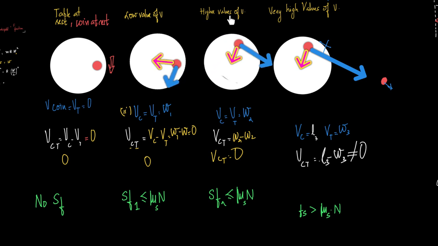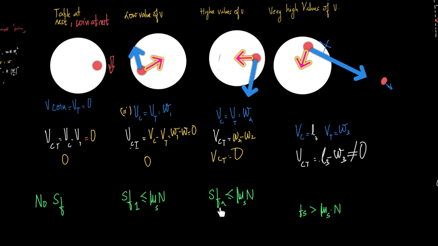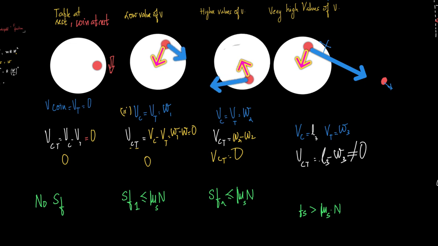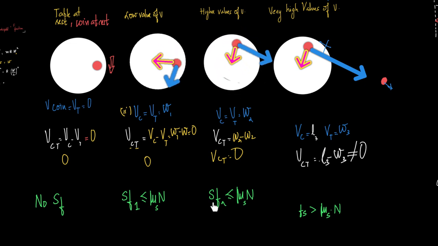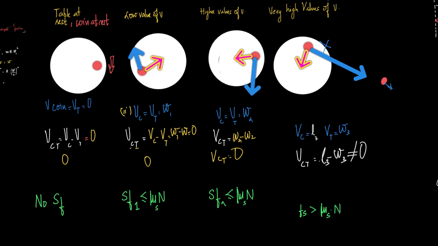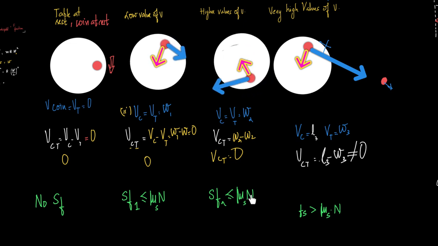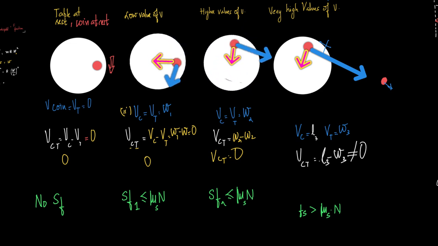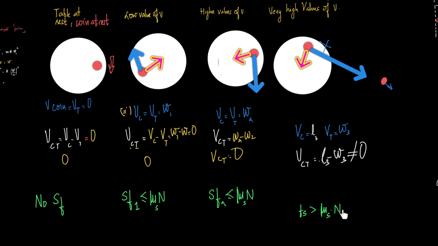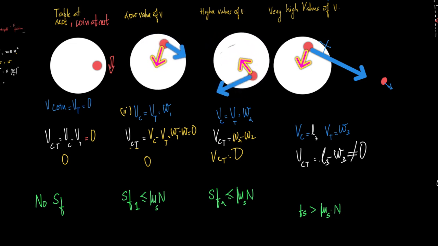Now, as the value of velocity becomes higher, what will happen? Static friction value will be more than the static friction value in the first case. So SF2 will be greater than SF1. But even in both these cases, the static friction value will be either less than or equal to mu s into n, right? But as soon as the value of static friction is greater than mu s into n, what will happen?